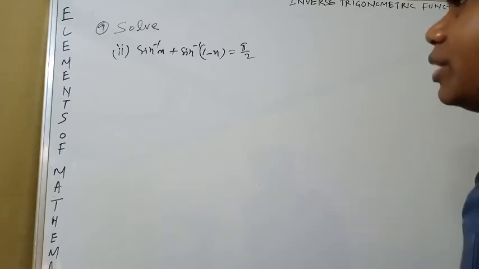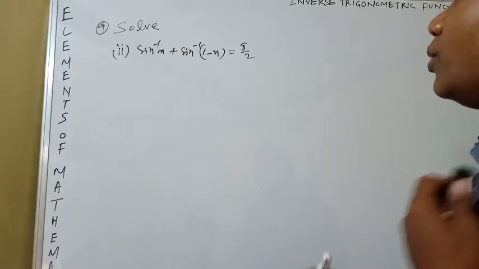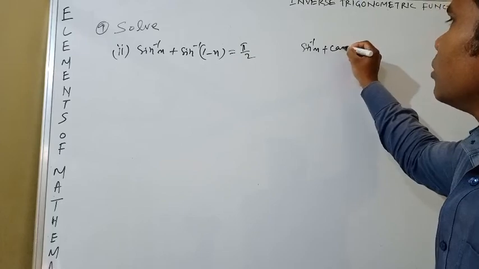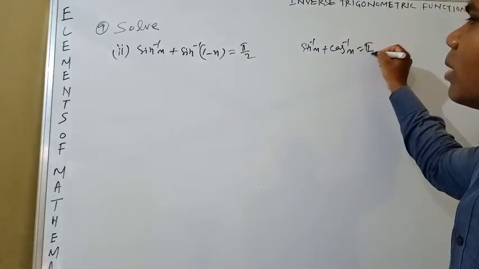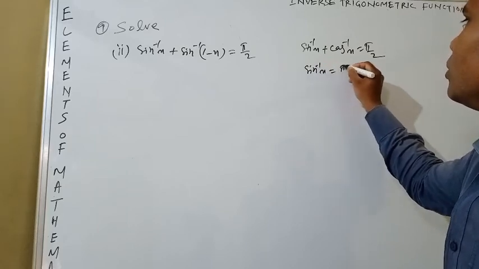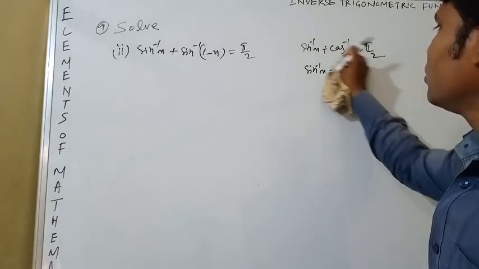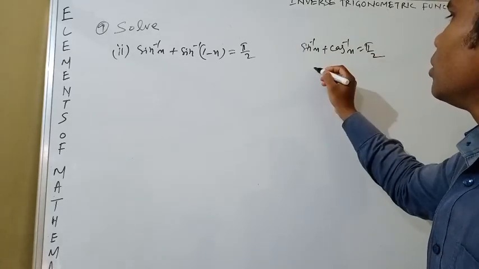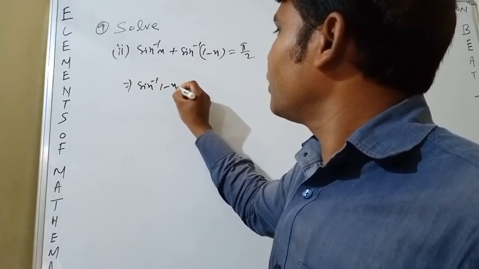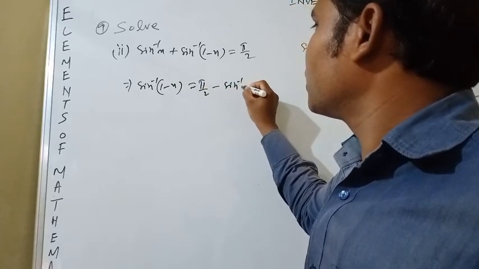You see the next question: sin⁻¹x + sin⁻¹(1 − x) = π/2. You know sin⁻¹x + cos⁻¹x = π/2. So sin⁻¹(1 − x) = π/2 − sin⁻¹x.